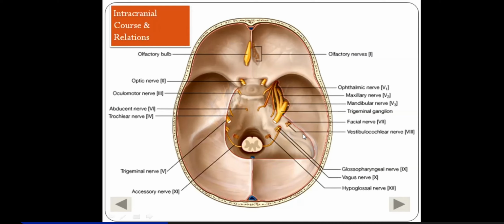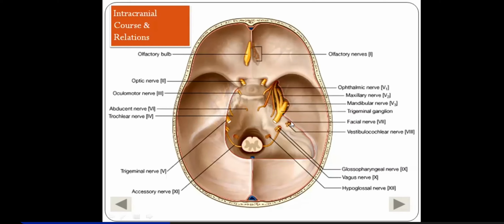Above that, you're seeing here the attachment of the tentorium cerebelli, which actually lodges the superior petrosal sinus here, right? And below that, on the posterior surface of the petrous temporal bone, you find an internal acoustic meatus or internal auditory meatus, just like you have an external auditory meatus on the outside of the skull.